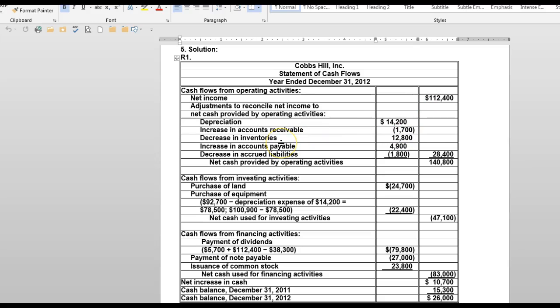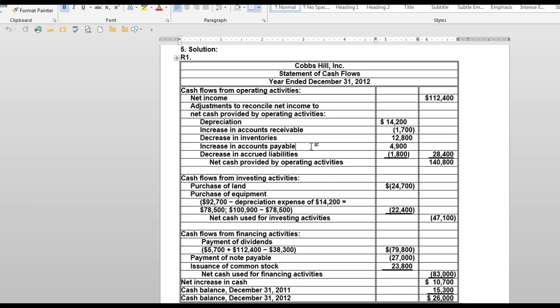The same thing with inventories. Inventories eventually end up being an expense. And if I use previous inventory, that means there was no cash that passed hands for that inventory in this period. So that has to be added back in. Increase in accounts payable. What do we use accounts payable for?